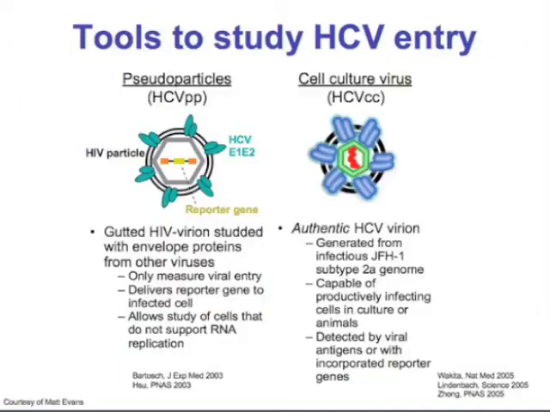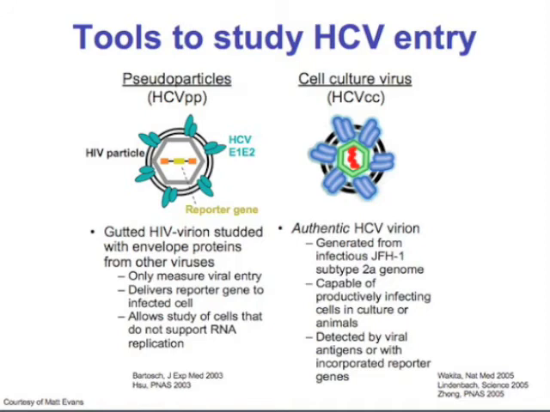So over the years, there have been a few important advancements in the tools that allow the study of HCV entry. And these are shown in this slide. On the left are the HCV pseudoparticles, which are basically gutted HIV virions studded with envelope proteins from other viruses. So pseudoparticles have been around a long time. And for HCV, basically they're just engineered to express the HCV envelope-like proteins.